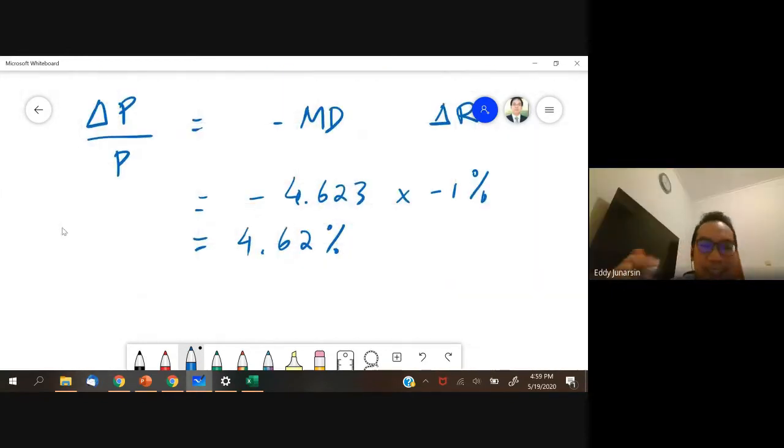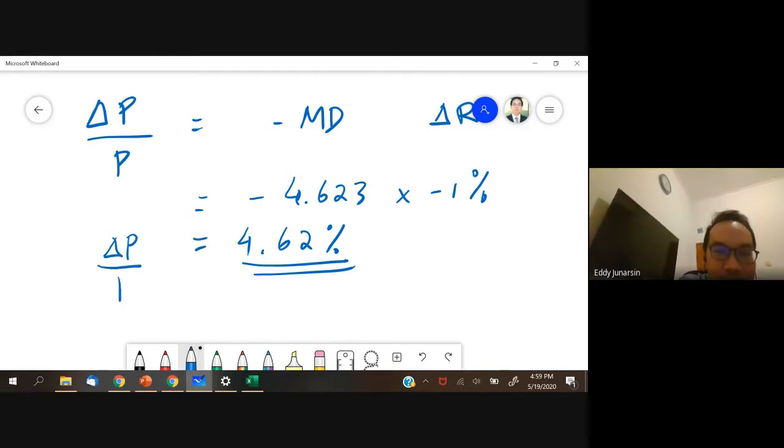Yes, that's good. So be careful, what is 4.662% here? It is the change in price relative to the original price. Again, change in price is relative to the original price.